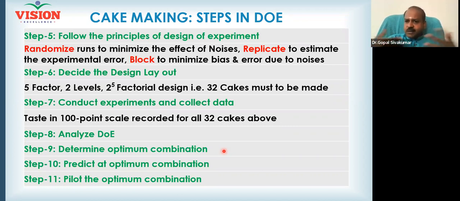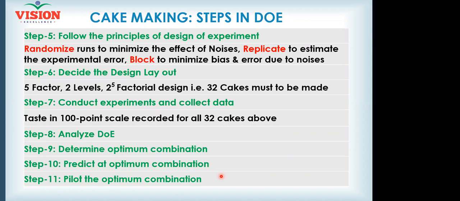That is, you are developing an equation now, which is called a prediction equation. And then you are actually piloting the optimum combination, and now you are seeing the results in real time. These are the steps in DOE. Hope all the 11 steps are understood by all of you. Please confirm. You have understood, right? All of you. Yeah. Yep.